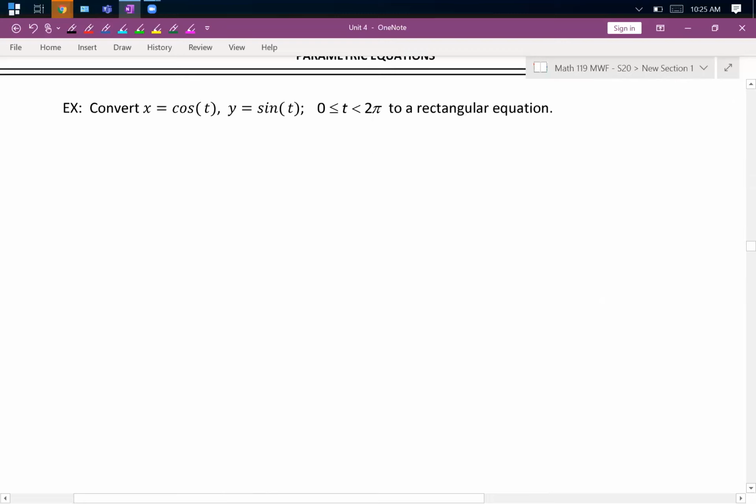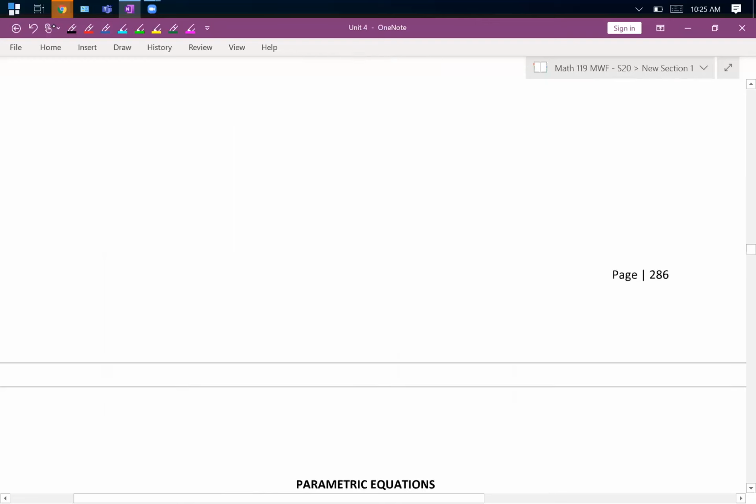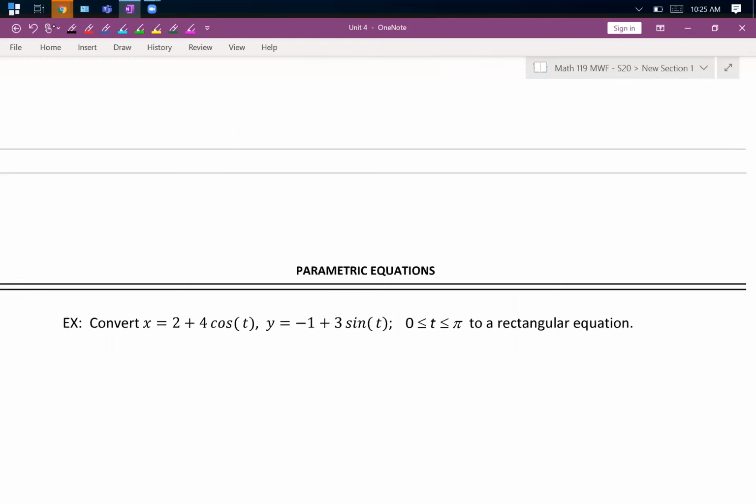Let's convert x equals cosine t, y equals sine t, where t is in between 0 and 2 pi, into rectangular. Well, anytime we're given a parametric where x and y are defined as trig functions, we do the same move. So we have two of them here back to back, and we're basically going to do the same move for both of them.